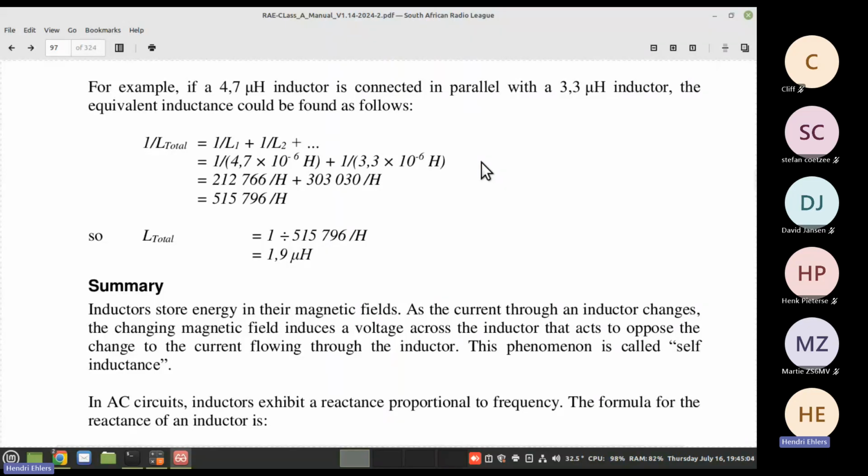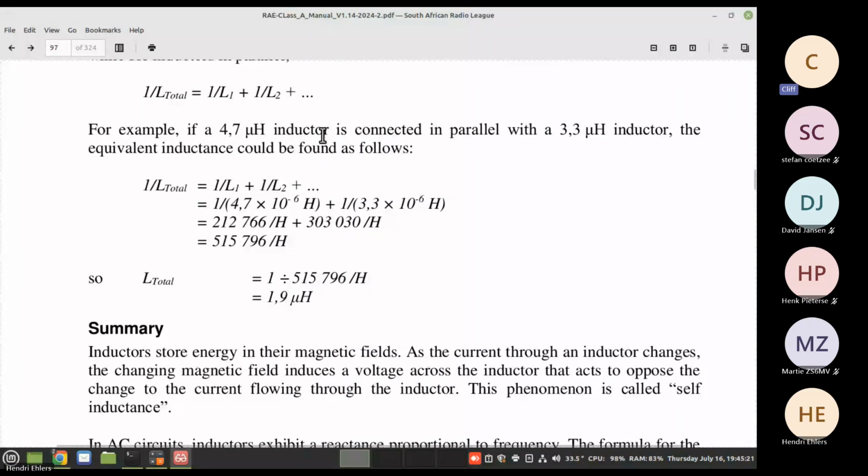So what I would do is put other values in amongst the group. But the question will be more or less written out like that statement above, where you just say, okay, I've got 4.7 and I've got 3.3. I've got the formula. I just do my thing. Whatever's easiest for you, however your calculator works.